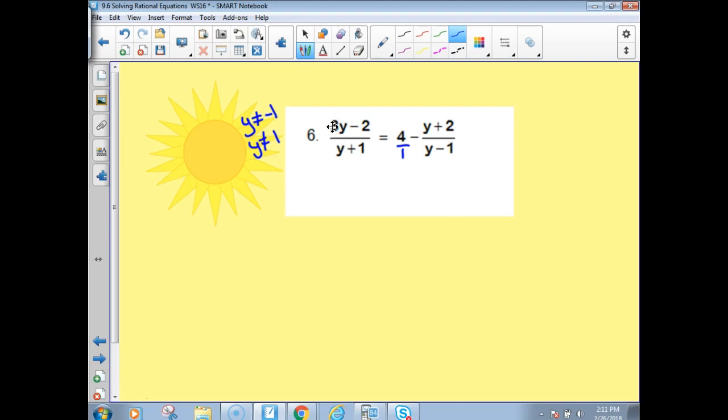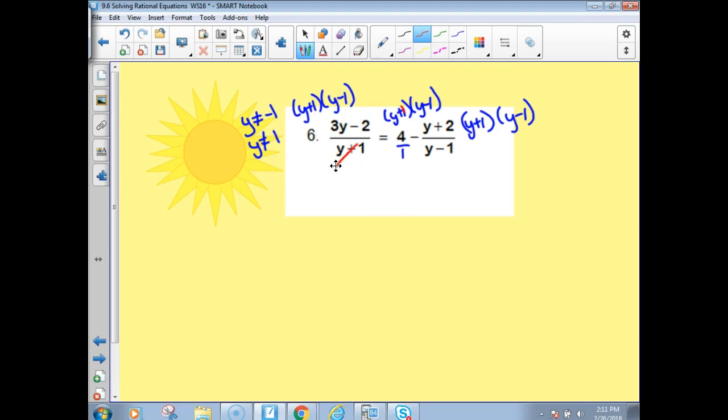So our LCD, or what we need to multiply by, is y plus 1 times y minus 1. And don't forget the 4. y plus 1 times y minus 1, and the third one, y plus 1 times y minus 1. I'm just going to write it 3 times there, and then I can show what I'm canceling.